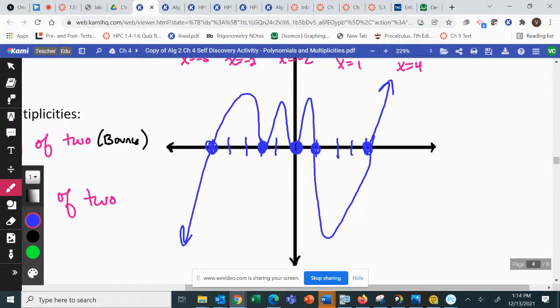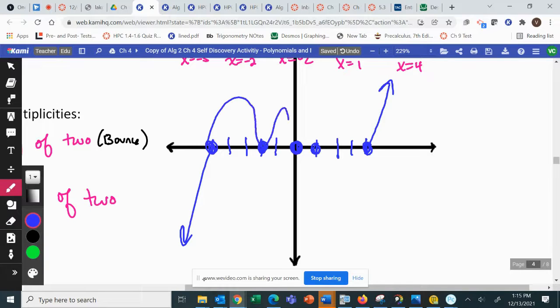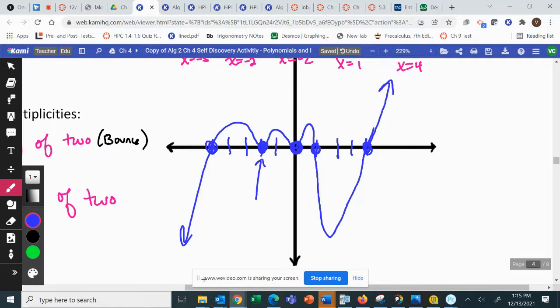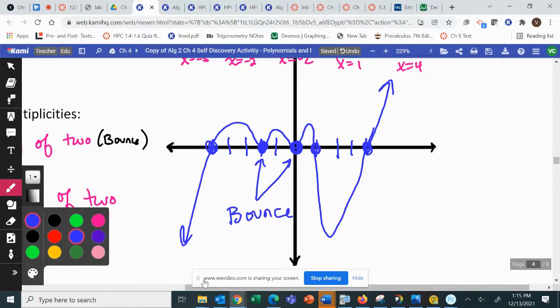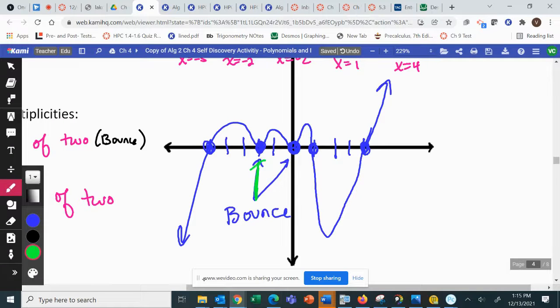Yeah. And then if it's ugly, then I erase it and try it a second time. Or a third time. There's better. So I've got a bounce at -2 and 0. And then the other ones just pass through.